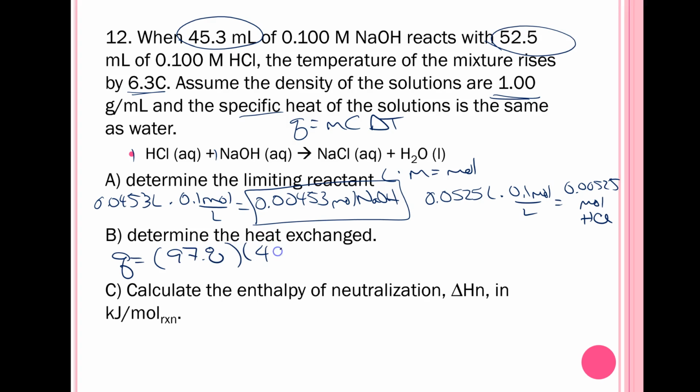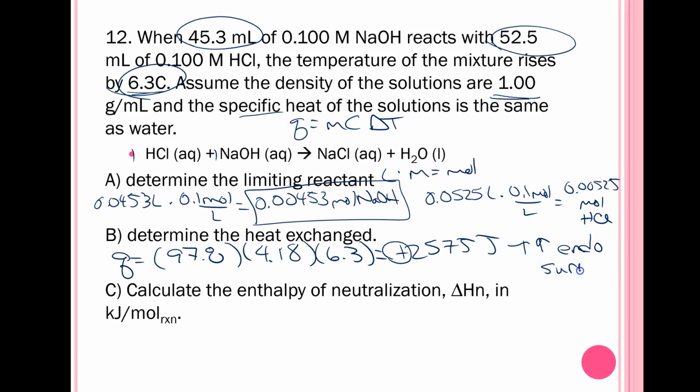I'm going to assume it has the same specific heat as water, and the temperature change was 6.3. Which means the heat is 2575 joules, and it is a positive value because the temperature went up. Temperature increases means it's endothermic, and that's the heat that was taken in by the surroundings.